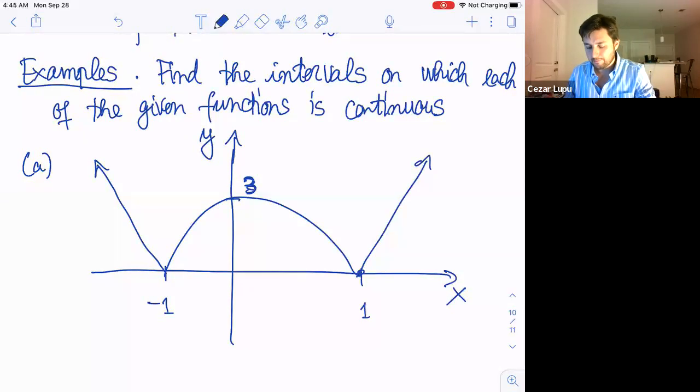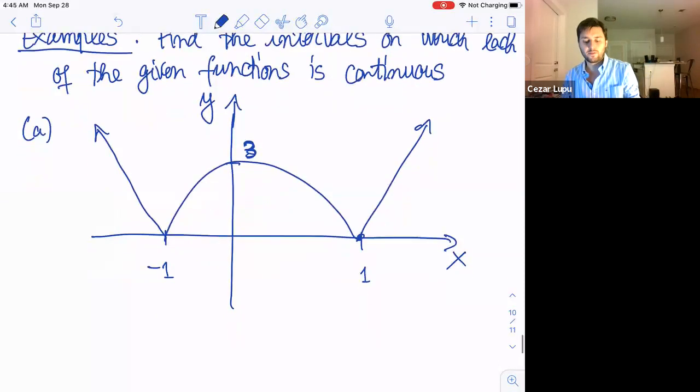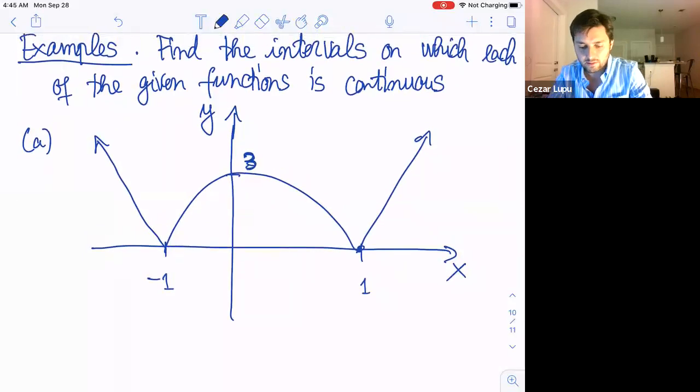So what do you think? Let's look at the graph of this function. Do you think this is continuous? Well, the graph is not interrupted, right? So it's a line, then at -1 it's connected somehow. So definitely this is continuous.